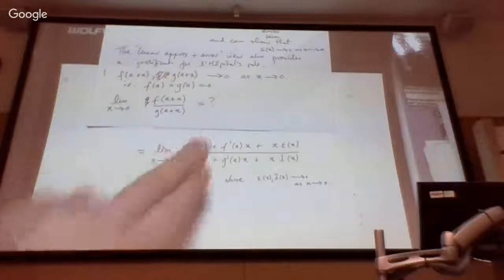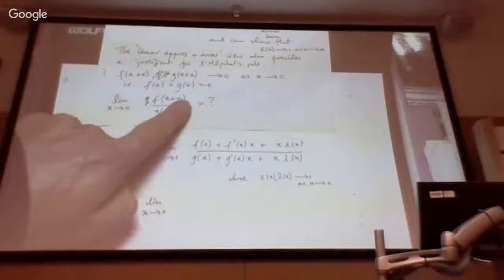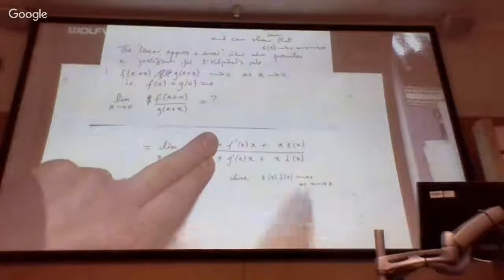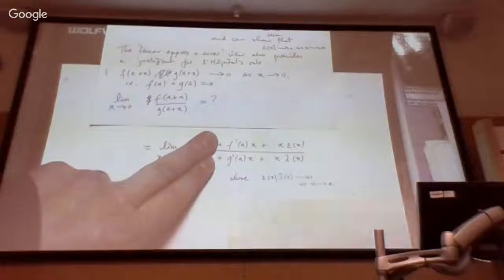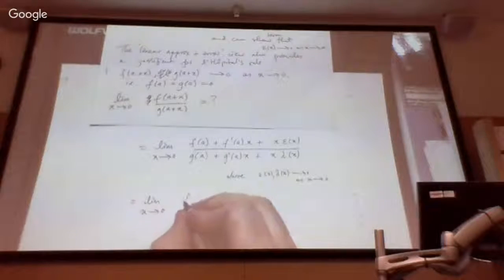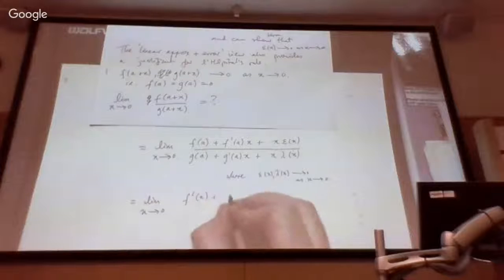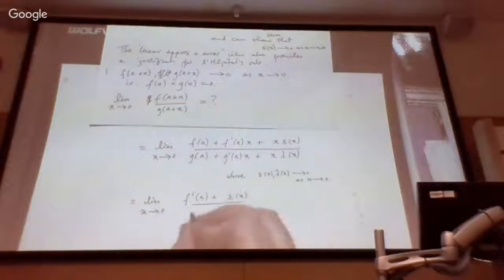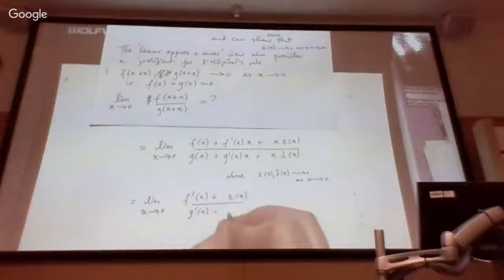No problem with that. So once we take account of the fact that f of a and g of a are 0, this is now the quotient. So we can divide above and below by x, and we have f prime of a plus epsilon of x over g prime of a plus lambda of x.